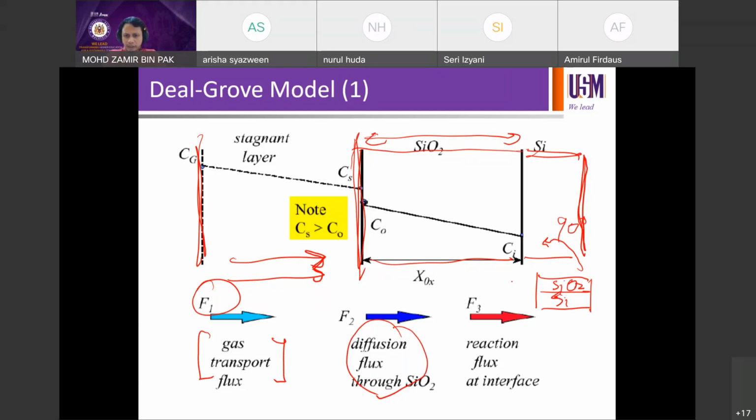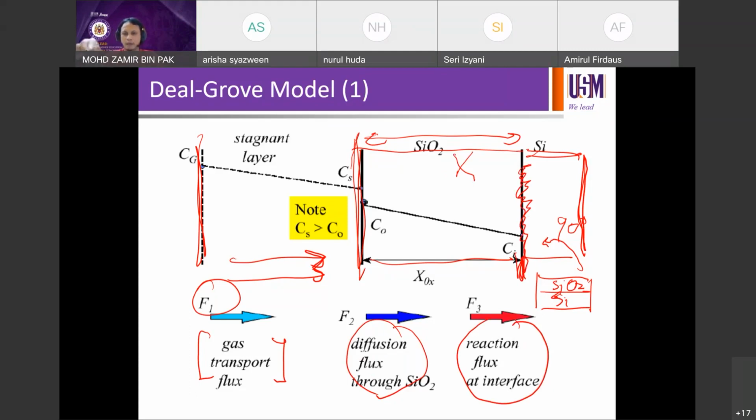And F3 is the reaction flux at the interface of the silicon. So all the silicon atoms are available here for the reaction. At first you don't have this yet, then your F1 is just directly on the surface, right? But there's no oxide in between.